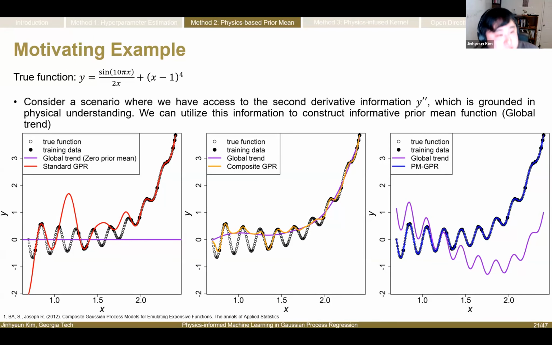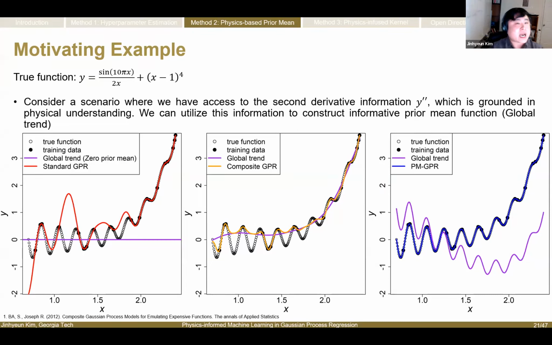This is a motivating example. When you look at the left plot, it is the standard GPR prediction with the geometric mean, the purple line. The middle one is the composite GPR, which uses a Gaussian process for the prior mean as well. And the global trend, the purple line, is better estimated, which also improves the prediction of the final model when compared to the red one.